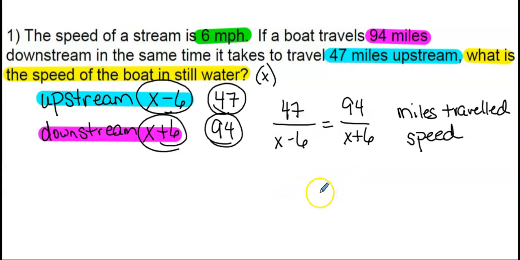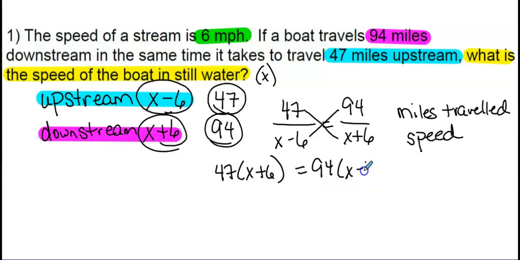Well, now we've set up a proportion, so we can use cross products to solve it. So let's look at this. 47 times X plus 6. I'm just going to write it like this, and I'll use the distributive property in a minute, equals 94 times X minus 6. Okay, so let's just solve. We're solving for X. First thing we have to do is get rid of these parentheses.